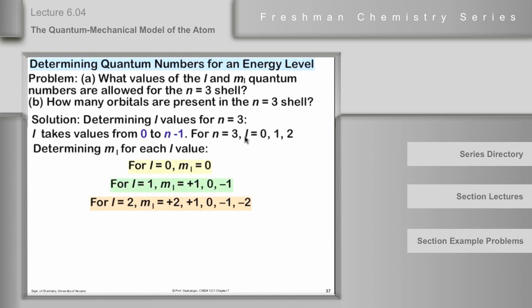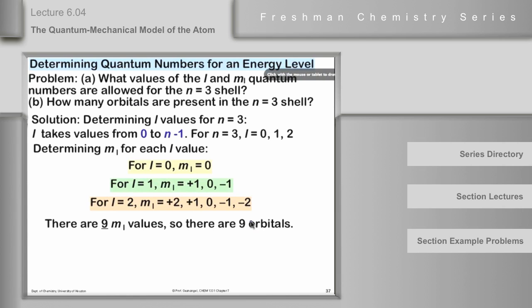Then once we know that number, we know what possible subshells there are, as we see here. And once we know the subshell values according to their L, we can determine the m sub L values from it. So there are 9 m sub L values: 1, 2, 3, 4, 5, 6, 7, 8, 9. That means there are 9 orbitals.